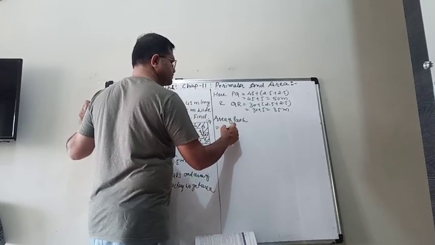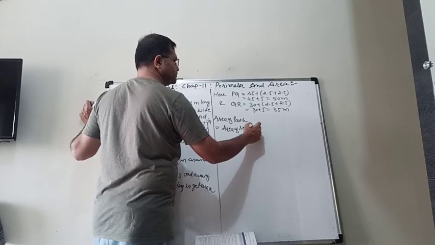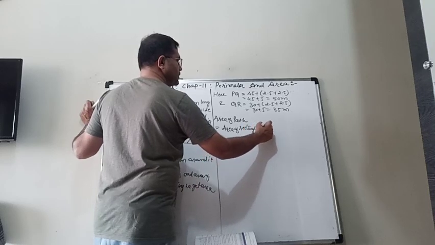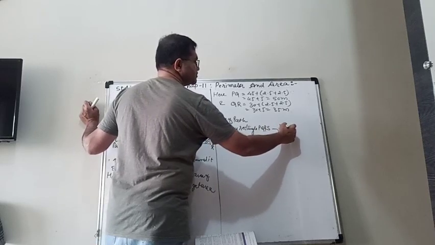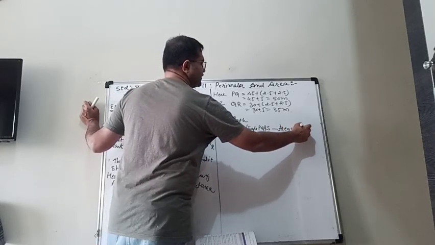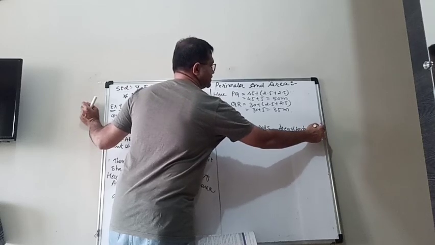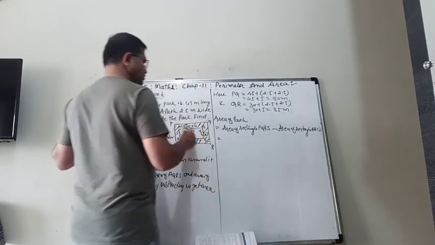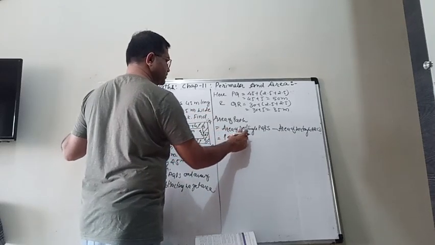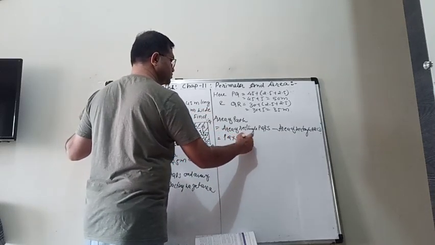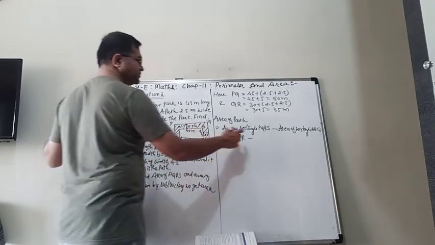So the area of the path is equal to the area of rectangle PQRS minus the area of rectangle ABCD. Length into breadth means PQ into QR minus AB into BC.